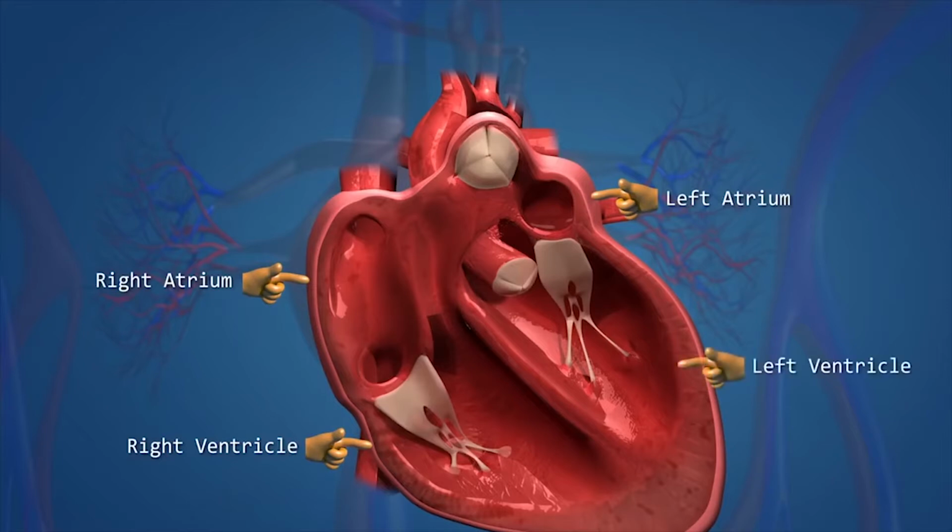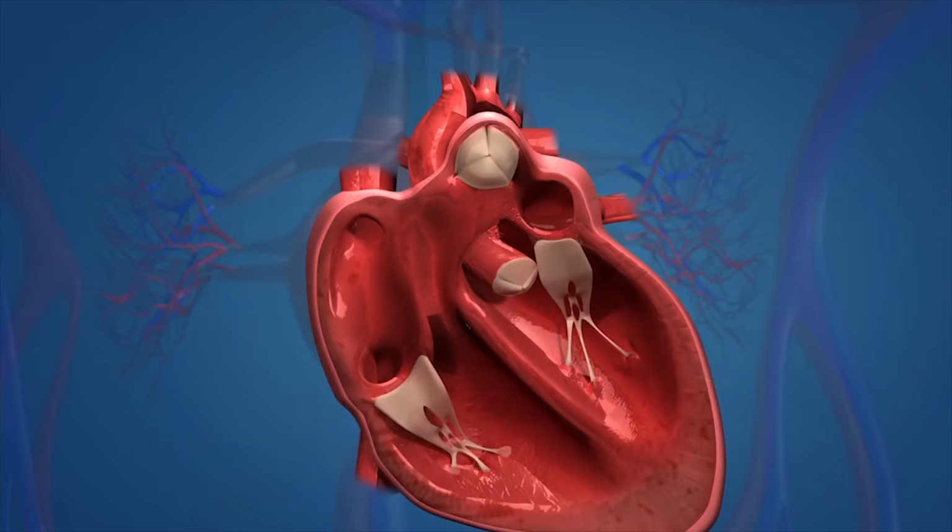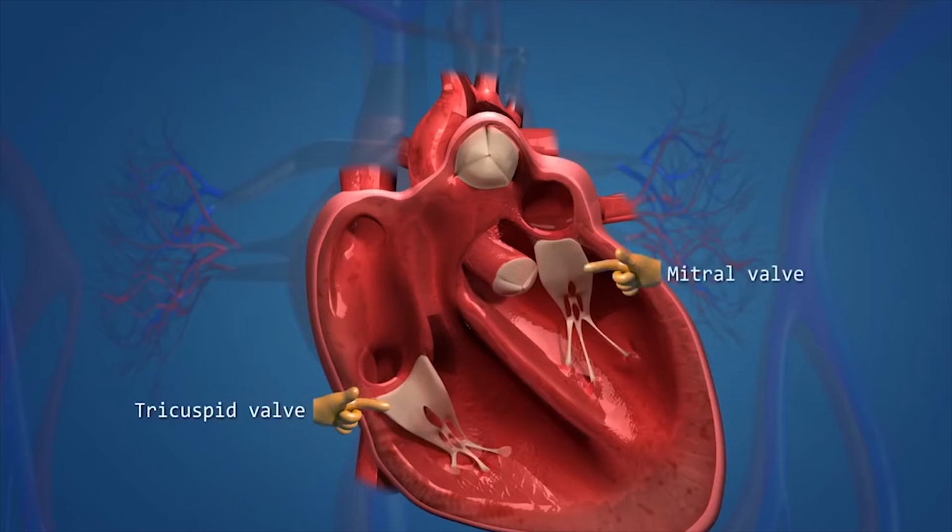The heart contains four types of valves: the first one, the tricuspid valve in the right side, mitral or bicuspid valve, aortic and pulmonic valve or semilunar valves.